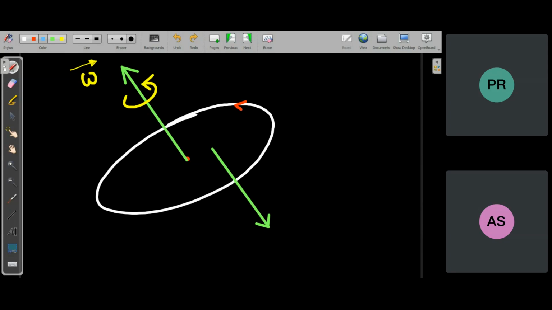For example, you will write v cos theta i cap plus v sin theta j cap, but theta is changing, so v cos theta and v sin theta will have different values at different times, right? But if you write v into e_t cap, then v is always the same.